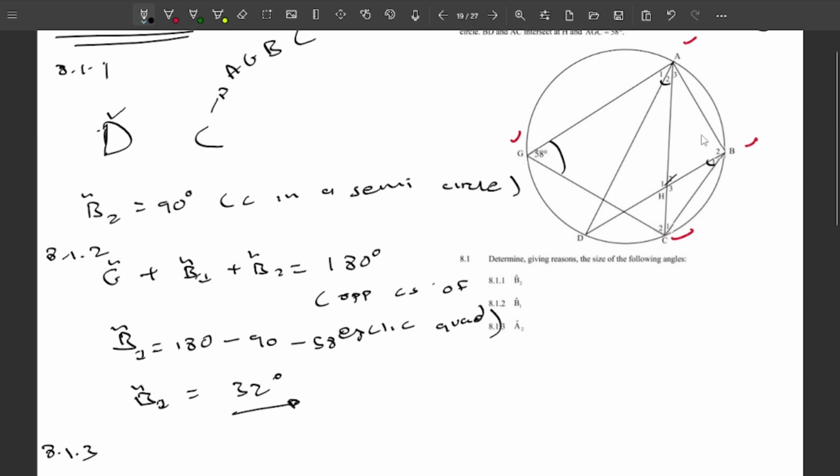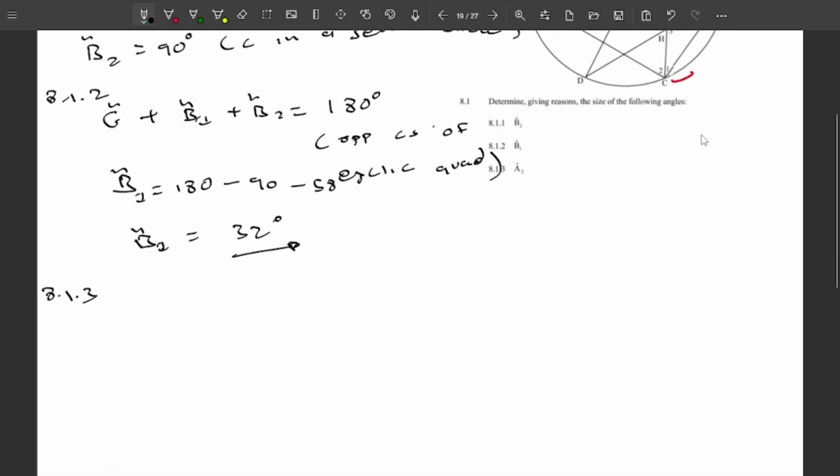Angles in the same segment. So angle A2 is equal to angle B1. This is B1, by the way, which is equal to 32 degrees. Reason, angles in the same segment.